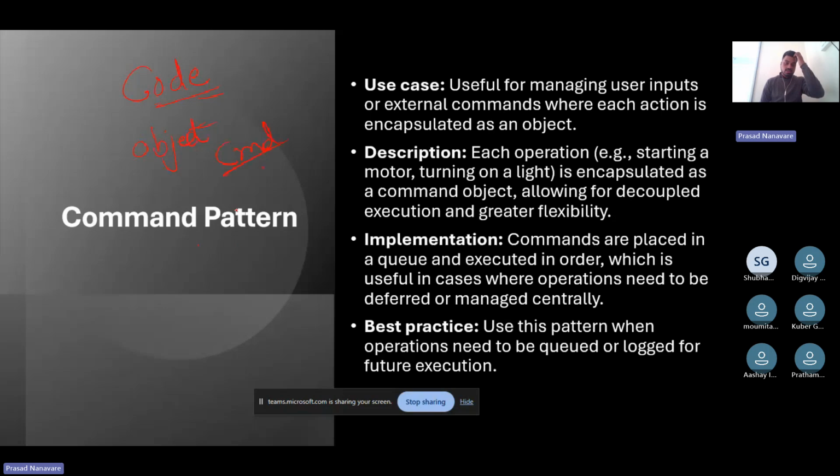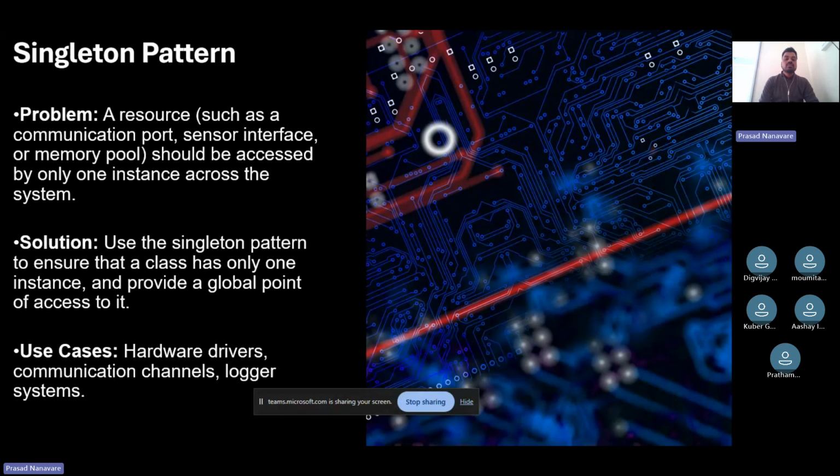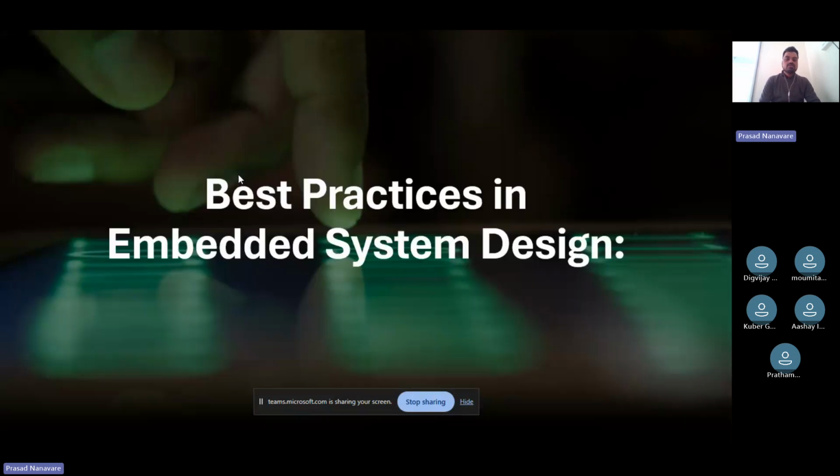So it means that if you have to reverse or undo a certain action, since the object is mentioned as a command, that can be repeated at any point in time, and the action takes place. So these are sort of best practices that we went through.